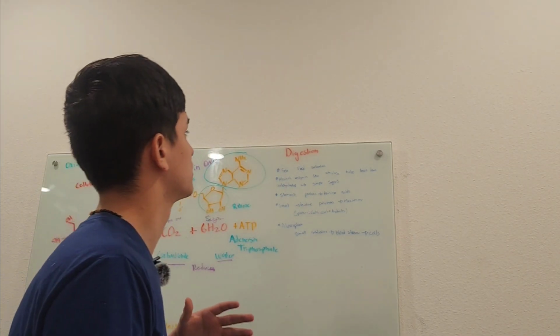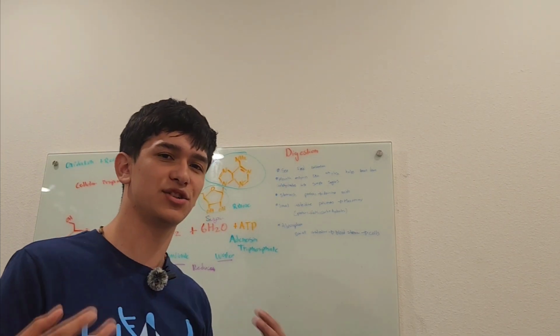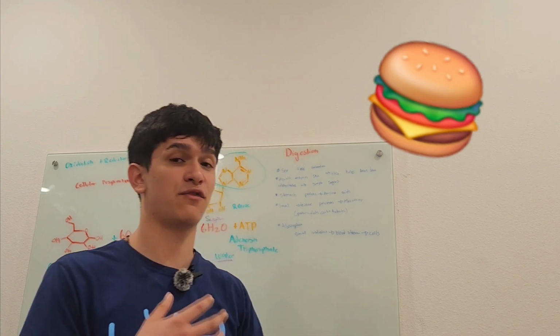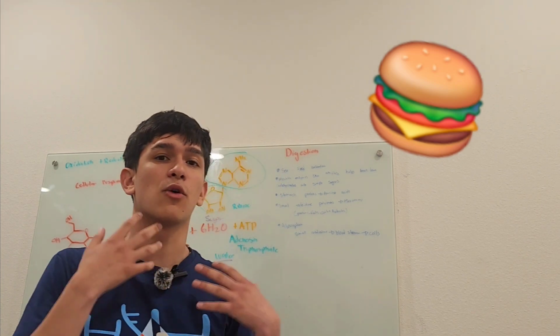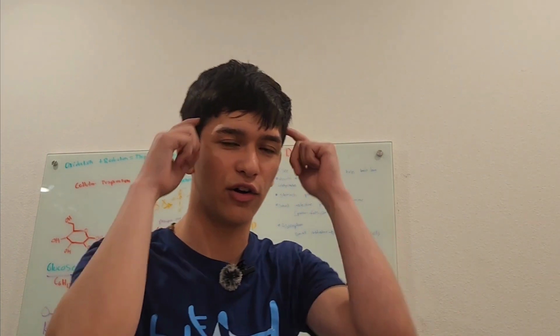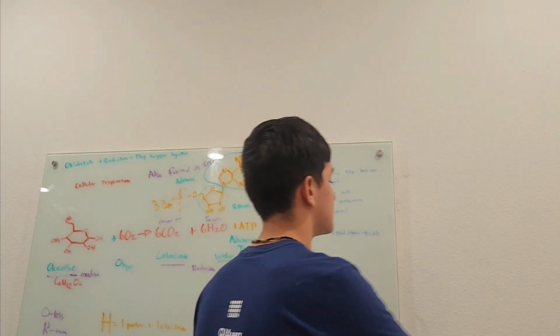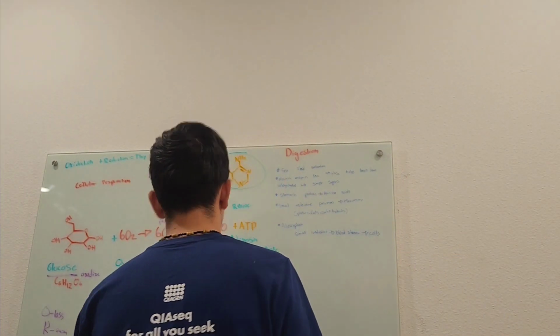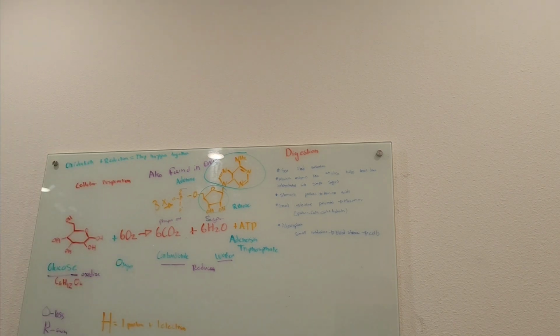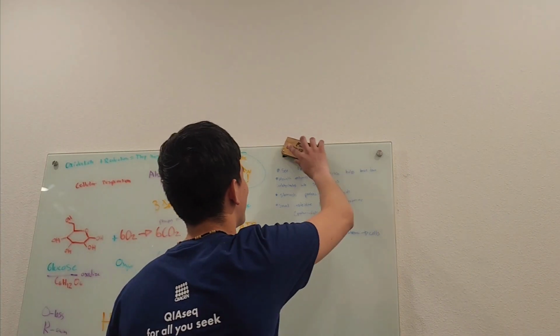So digestion starts whenever we see the food. We see food and we start salivating. Even the type of food, if you think of a burger right now, you will start salivating. So it starts at salivation.